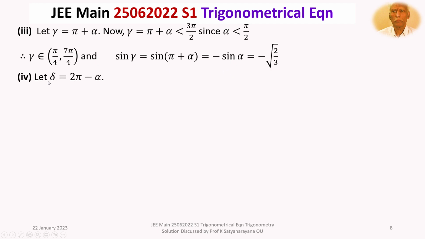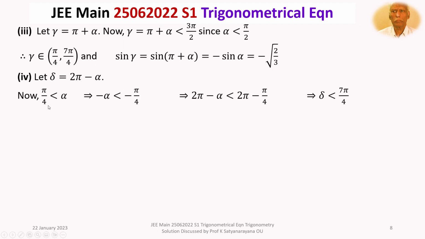Right. Fourth, let delta is equal to 2 pi minus alpha, and pi by 4 is less than alpha. Yes, alpha is greater than pi by 4. Minus alpha is less than minus pi by 4. Now add 2 pi on both the sides, you will get 2 pi minus alpha less than 2 pi minus pi by 4.